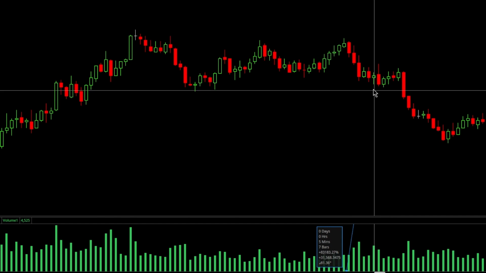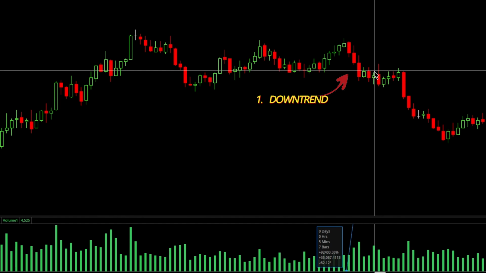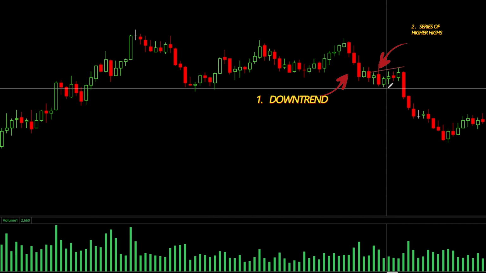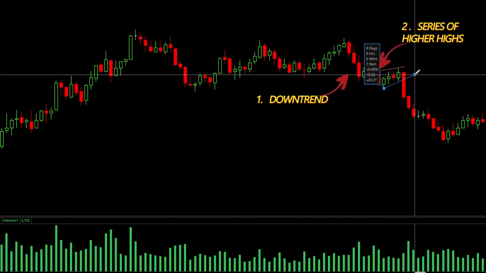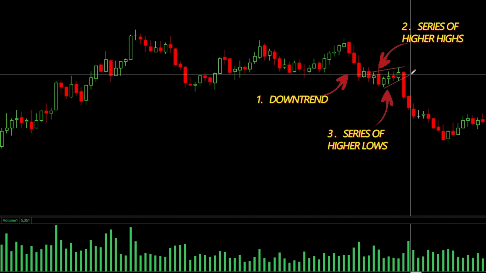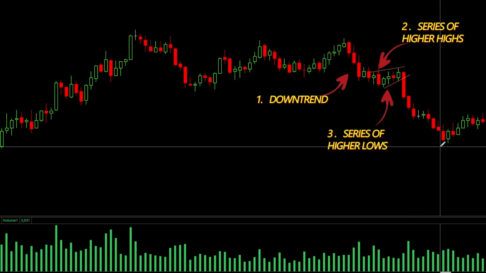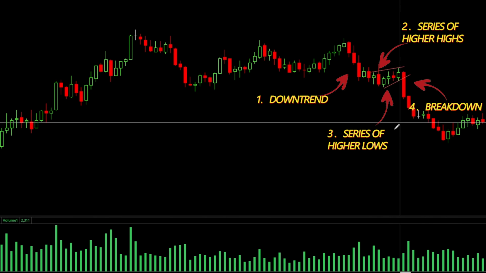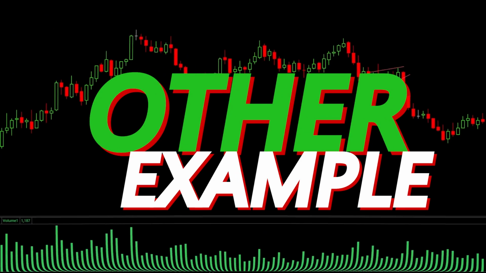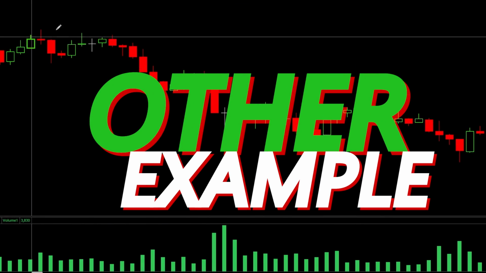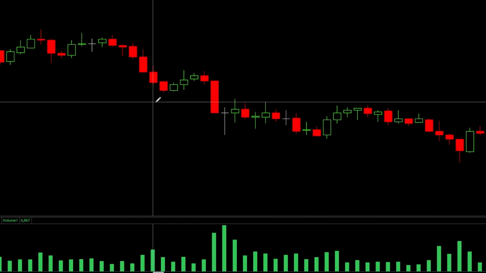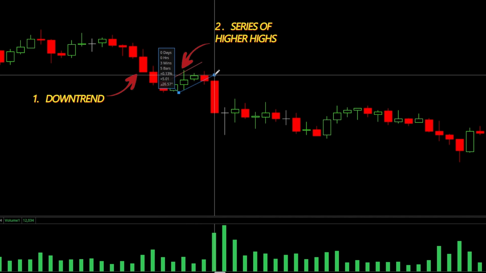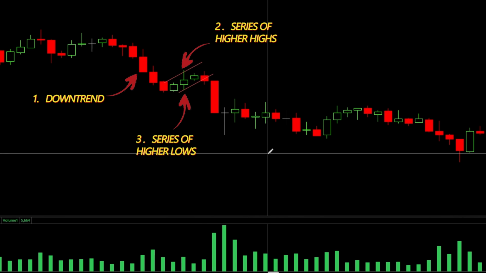So we get the move down, it's a nice pause, see the little drifting up action, and then the breakdown right there. So there's another one. Let's see if we can find one more. Yep, here's another one. Nice move down, pause, drifting up, and the breakdown.